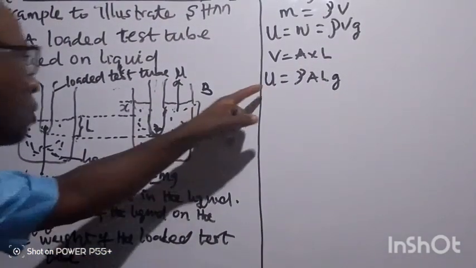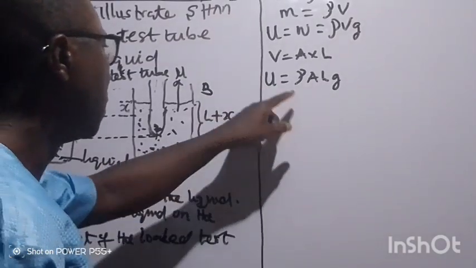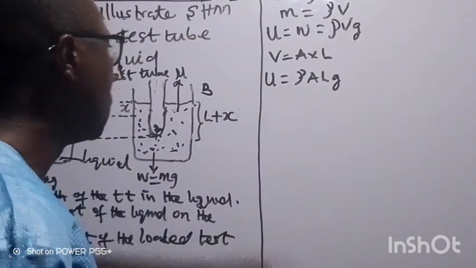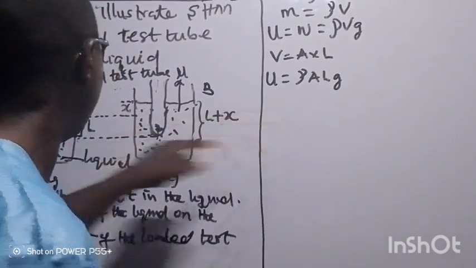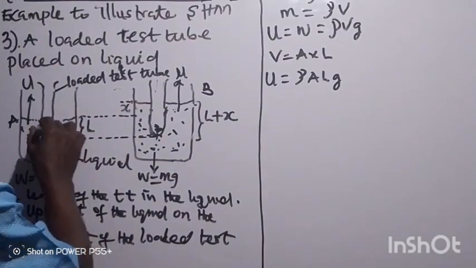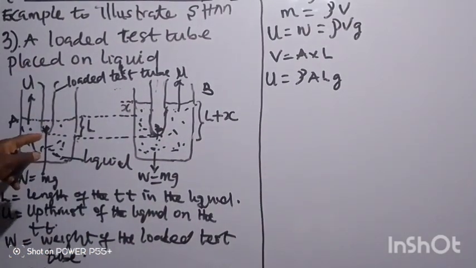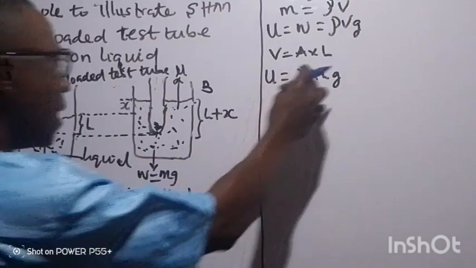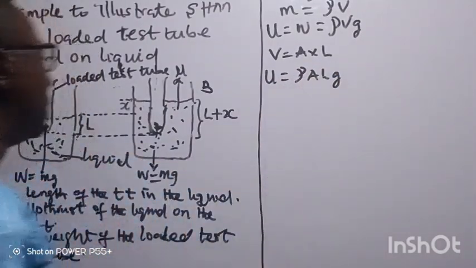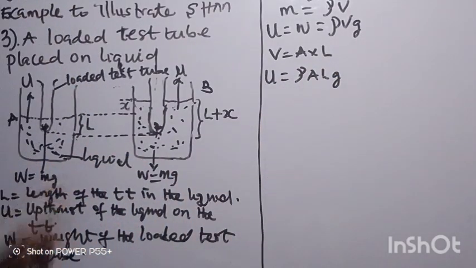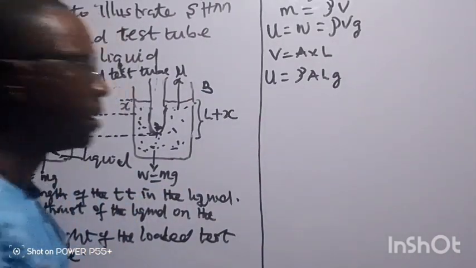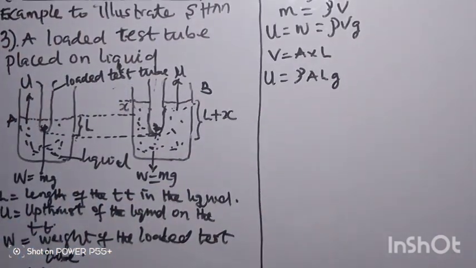So the upthrust is equal to the density of the liquid multiplied by the area covered by this test tube on the surface of the liquid, then L is the length or depth of the test tube within the liquid, while g is acceleration due to gravity.